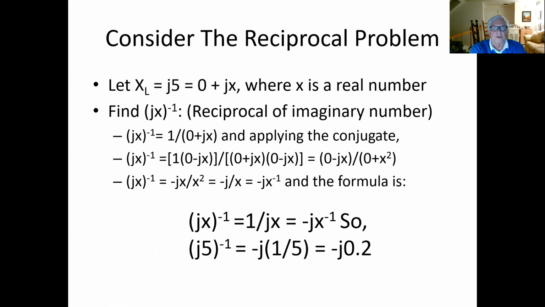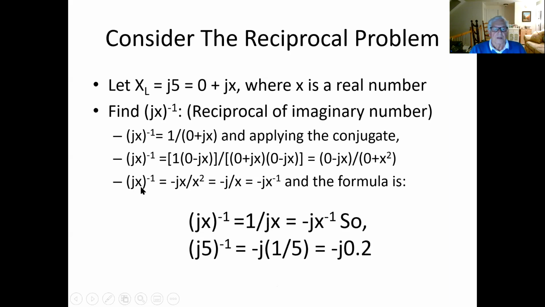So let's consider the reciprocal problem. Let Z equal jX, which is 0 plus jX, where X is a real number, and let's find the reciprocal. So 1 over 0 plus jX, applying the complex conjugate like we did before, we get 1 times 0 minus jX over the complex number combination. We're left with 0 minus jX divided by X squared.